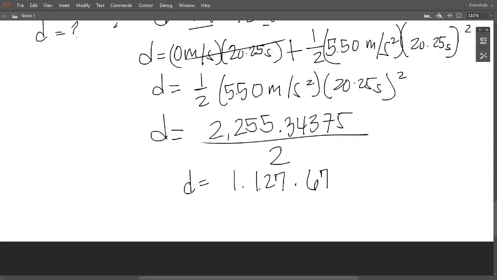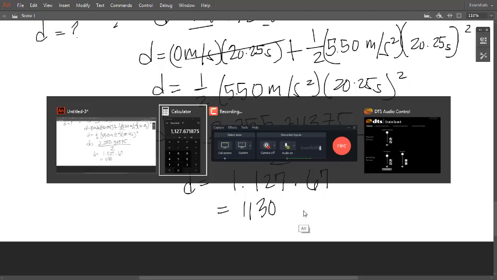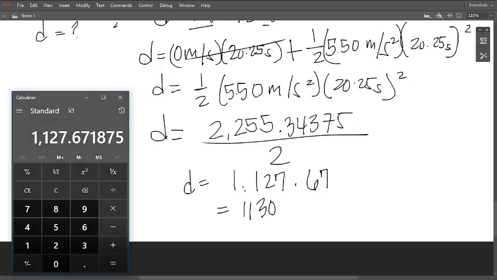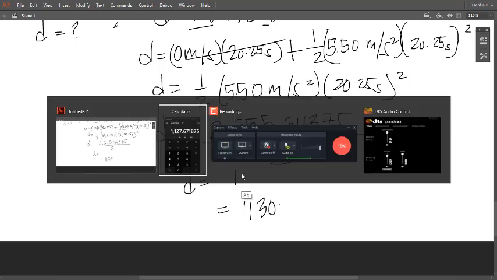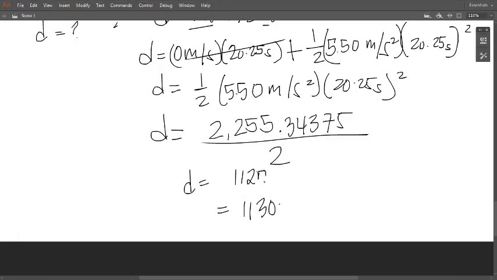We can round this number off to 1,130 meters. So this is the answer. Next.